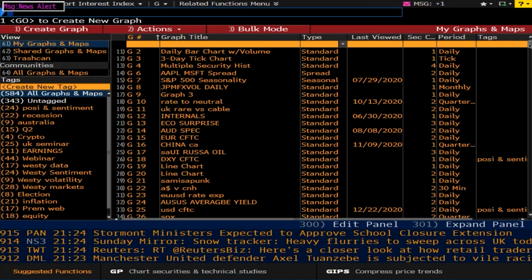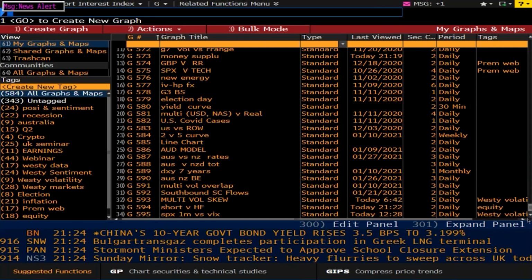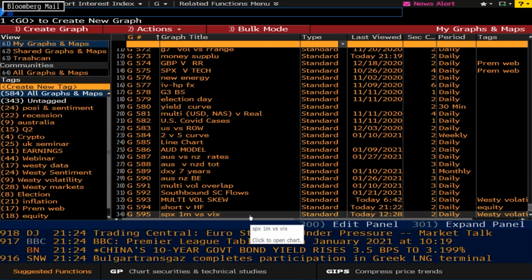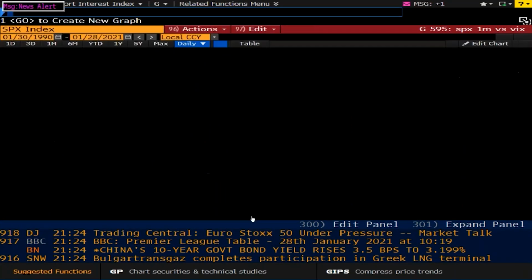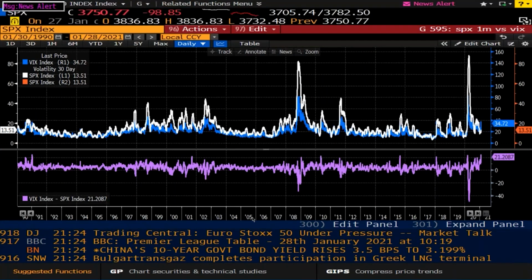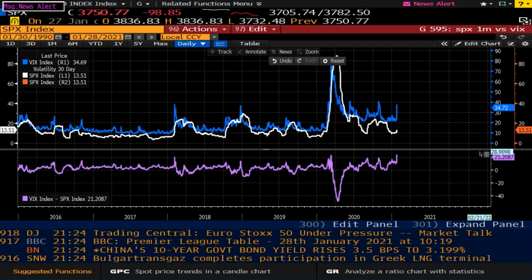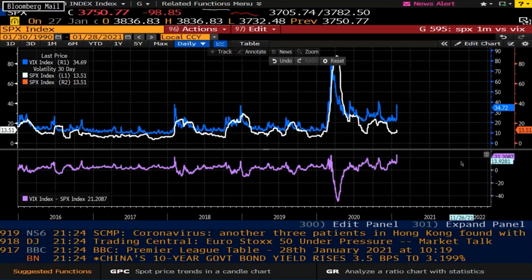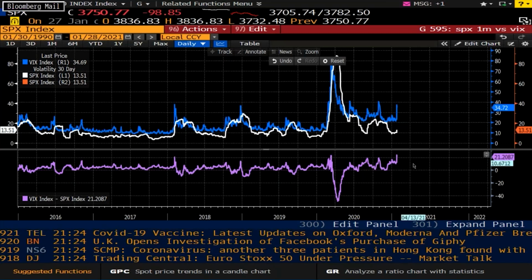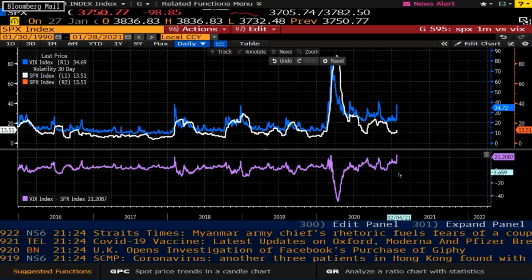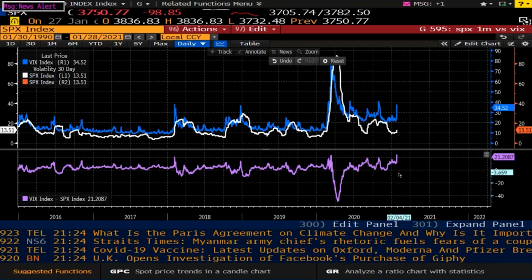And if we have a look at the S&P, or go back to the VIX, again, we're looking at implied volatility in the S&P over the coming 30 days. And what I've done is I've looked at it relative to the realized volatility in the S&P over the past 30 days. So this is statistical volatility. So we're looking at the movement relative to the average of the 30-day statistical volatility relative to what's expected from the market.